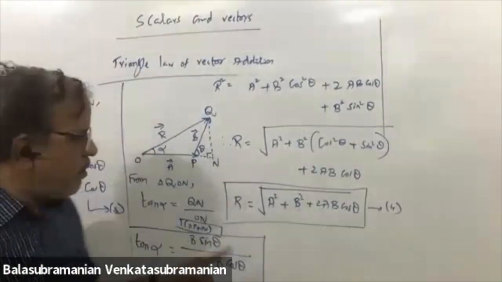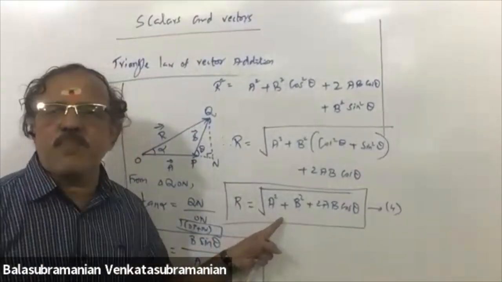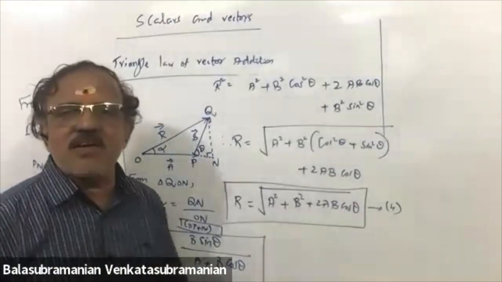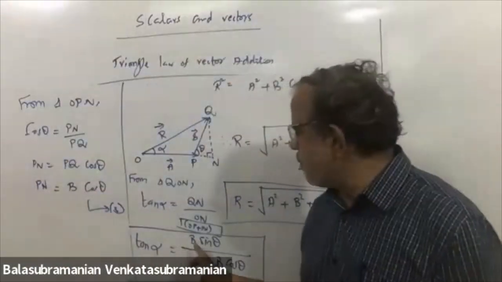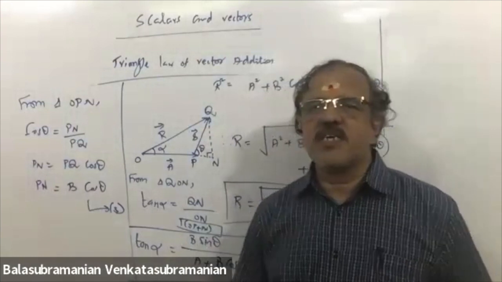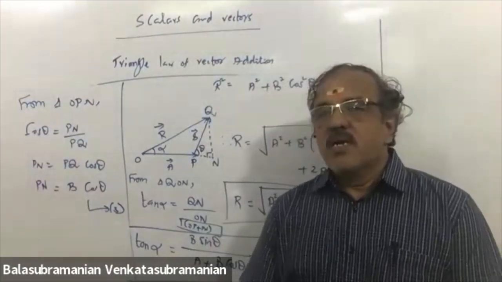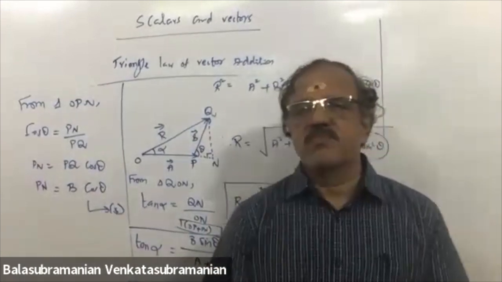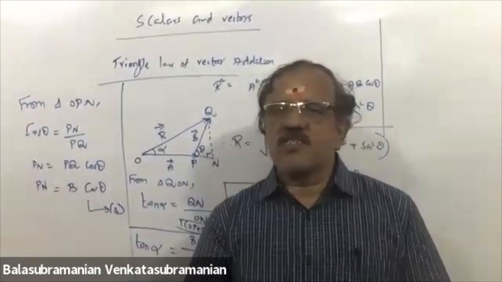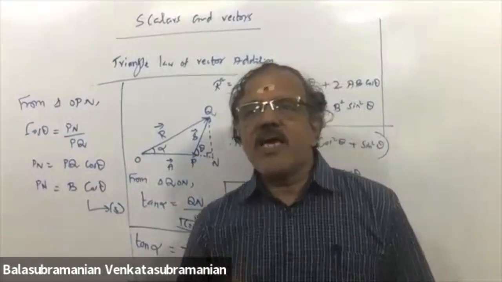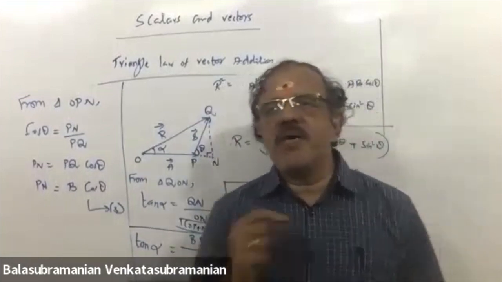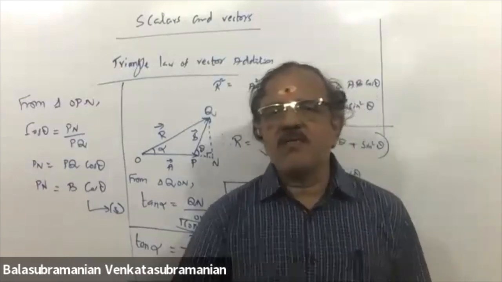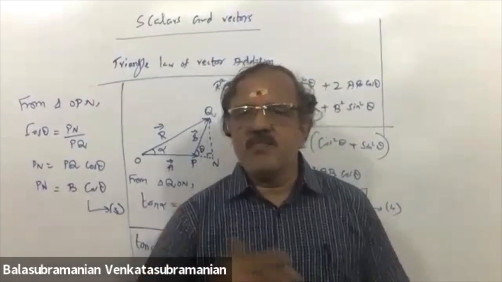So the resultant magnitude is root of A square plus B square plus 2AB cos theta. For the resultant direction we calculate tan alpha, that is B sin theta by A plus B cos theta. Depending upon theta, this R and alpha value changes. Three cases we can discuss. The angle between A and B can be 0, 90, or 180.